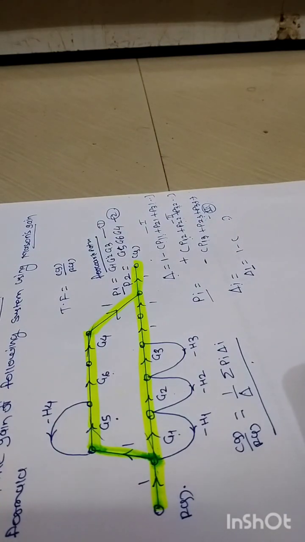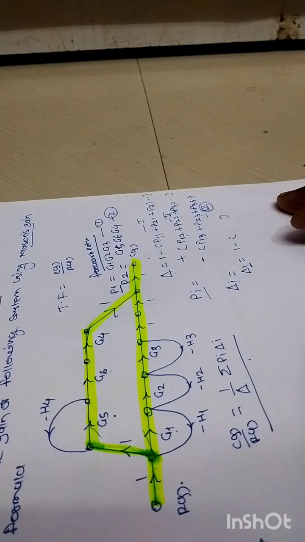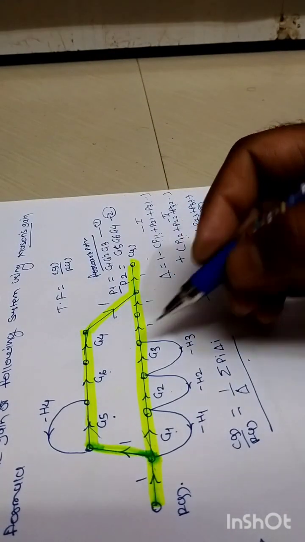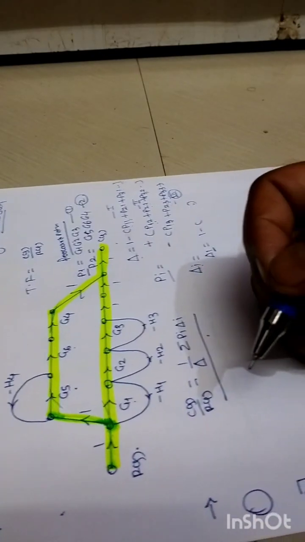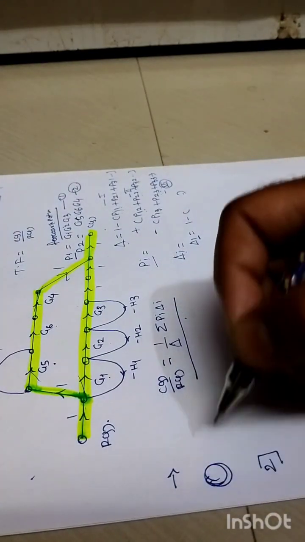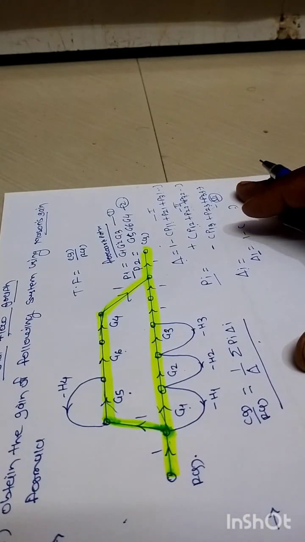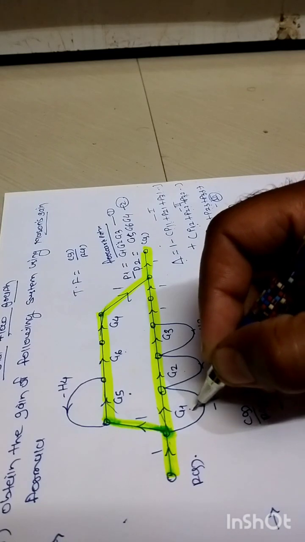In the second step we need to determine how many individual loops we have in this signal flow graph representation. Basically, a loop is a closed circulating path. By observation we need to see how many loops we have. Obviously this will be the first loop.